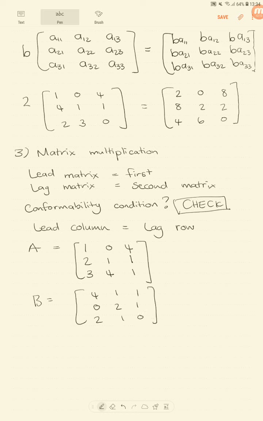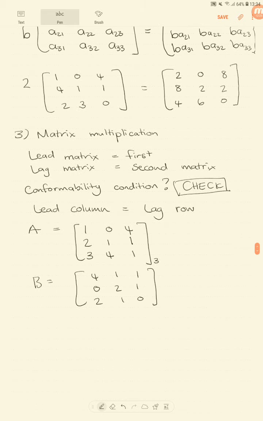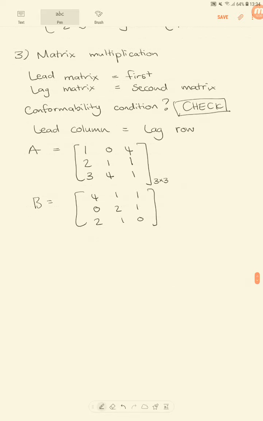So what are the dimensions of matrix A? Matrix A has 1, 2, 3 rows and 1, 2, 3 columns. So matrix A is a 3 by 3 matrix. What's the dimension of matrix B? 1, 2, 3 rows, 1, 2, 3 columns. So matrix B is 3 by 3.